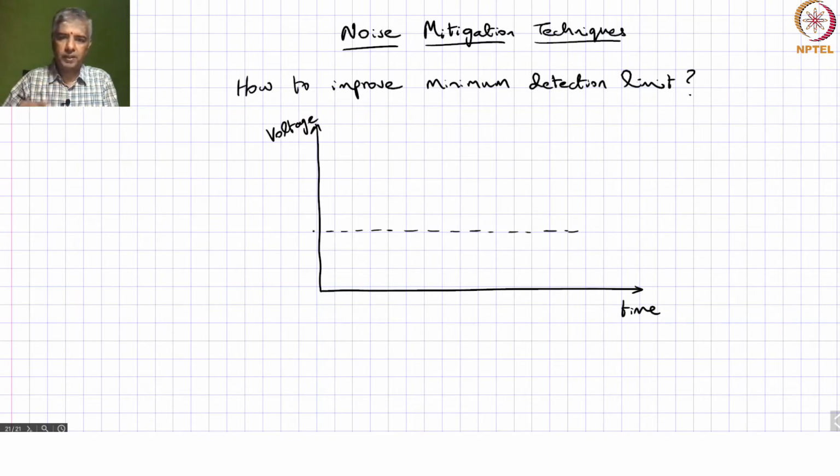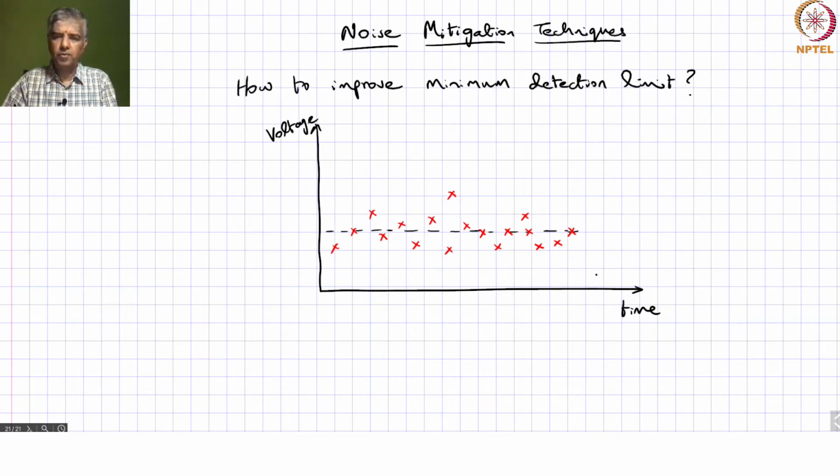So we have essentially noise that adds on to the signal that we are trying to measure. So your actual measurement might look something like this, maybe even some stray points like this, and so on. So you have a bunch of points around the actual value that you are trying to measure.